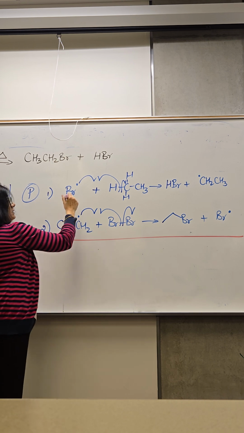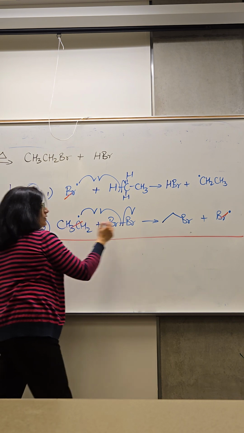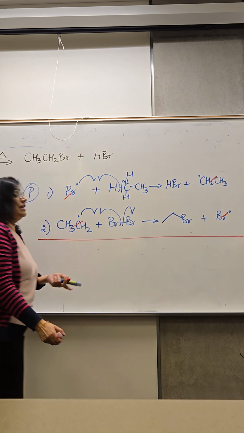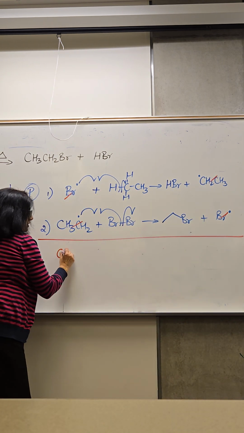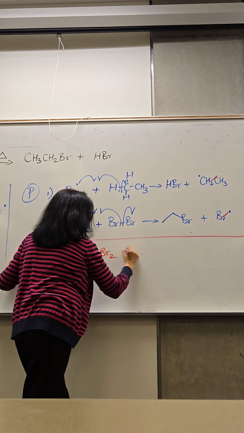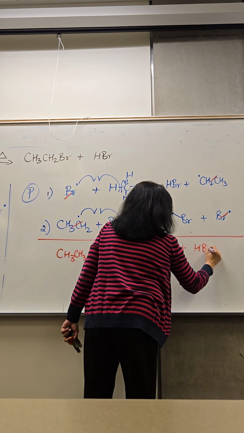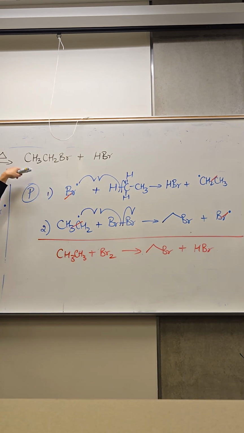The intermediates, you can cancel these. What else can you cancel? Ethyl radicals you can cancel. So what's left? Ethane plus bromine Br2 makes ethyl bromide plus HBr. Does that match the overall reaction equation? Yes. If the answer is no, then something's wrong. We haven't written something correctly.